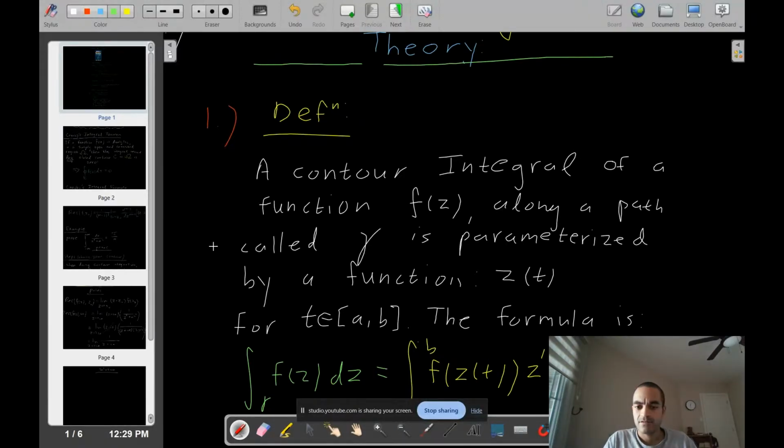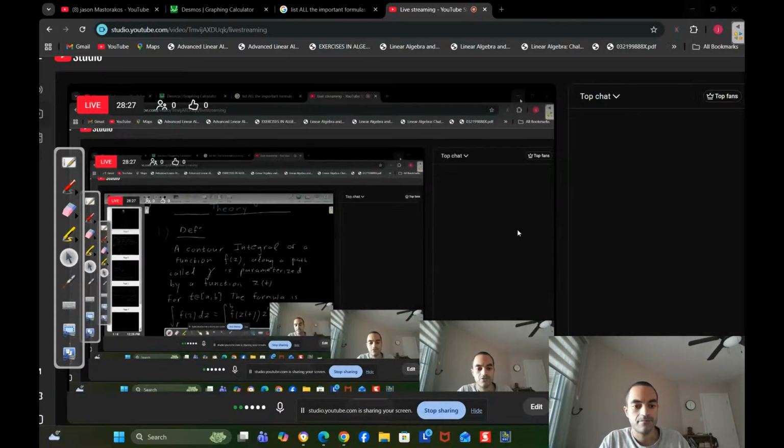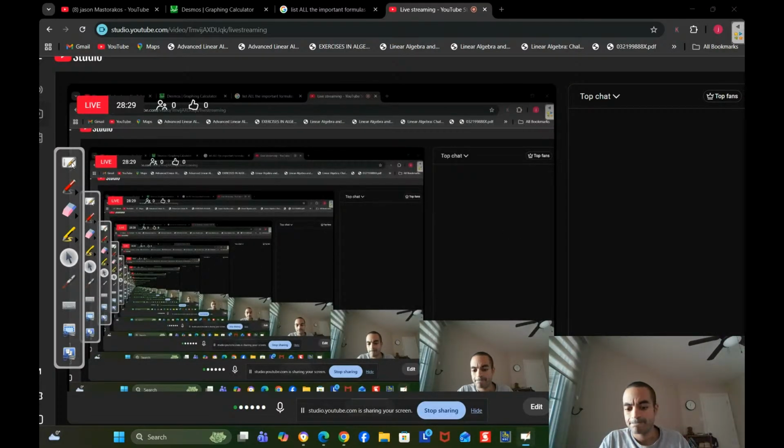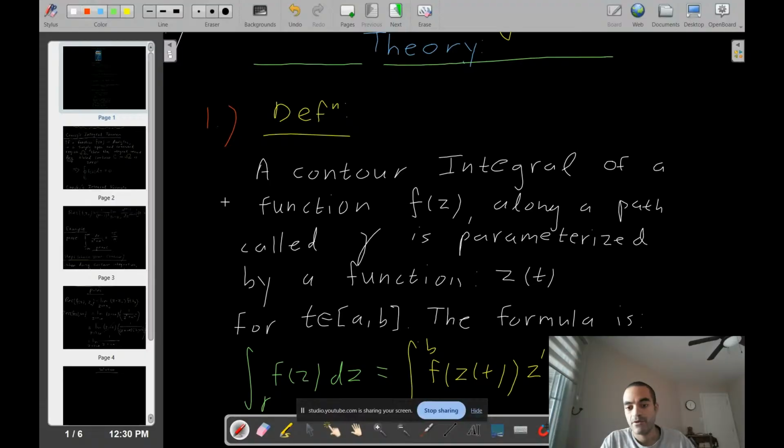For those of you who have a solid understanding of calculus, you may have noticed this type of notation. It's not quite the same thing, but it came up when doing line integration. Probably if not calculus 2, usually not, unless it's a good program at your university, but calculus 3 for sure, called line integration, where you have to parameterize along a path called little gamma or c.